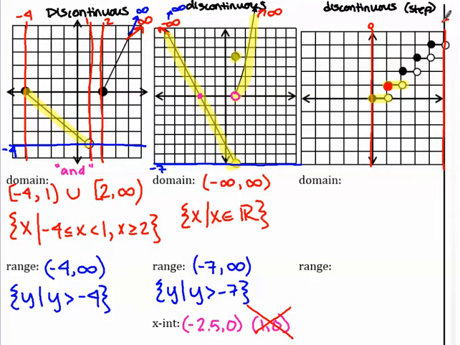So the domain is going to be from 0 to 5. 0 has a closed or a square bracket, and 5 has a parenthesis. In set notation, this is the set of all x's such that 0 is less than or equal to x, which is less than 5.